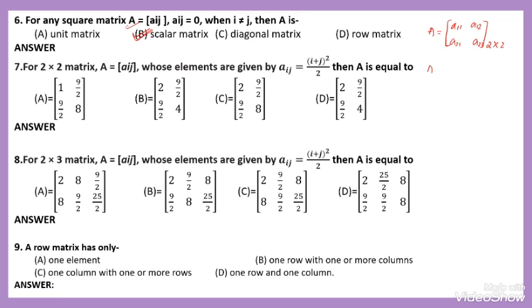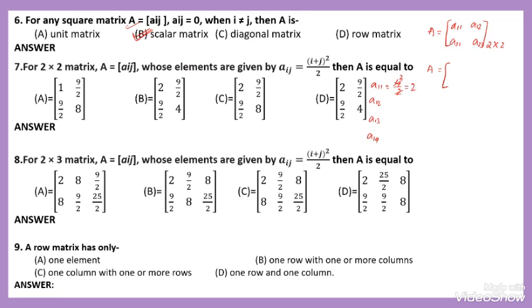For this one, I will substitute the values. Here i value 1, j value 1. 1 plus 1, 2. 2 square will be 4. 4 by 2, 2 ones are 2, 2 twos are 4.